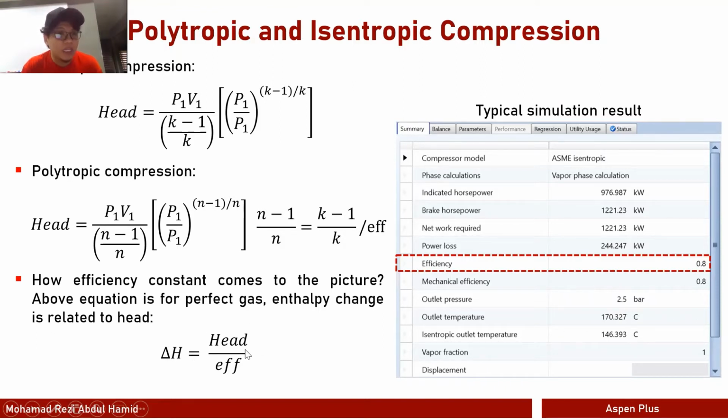The calculation for head is for a perfect gas, but we all know that none of the gases are perfect. That's why we input efficiencies. You have to understand that efficiencies need to be input by yourself. So this information checks out. This is how efficiency is reported in Aspen Plus.